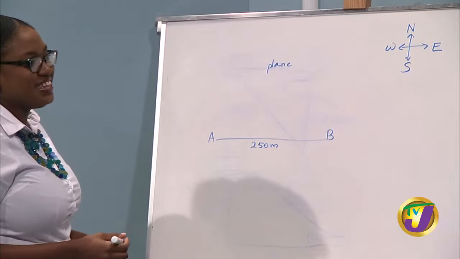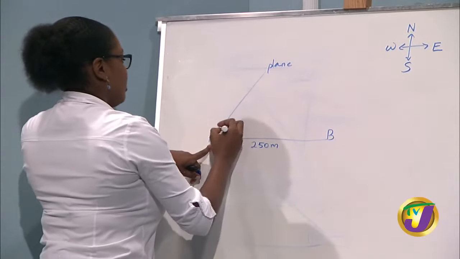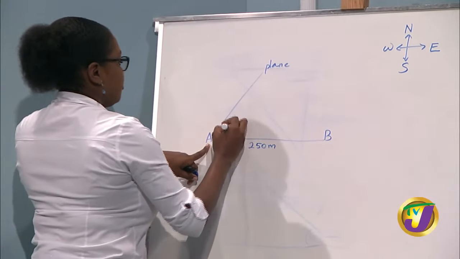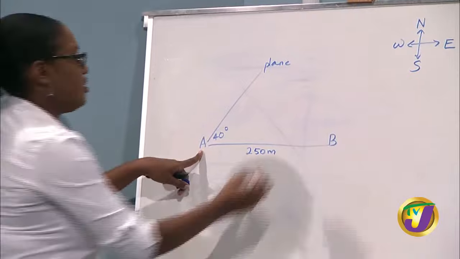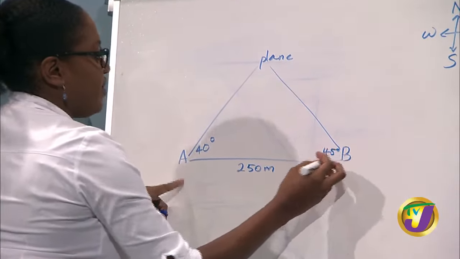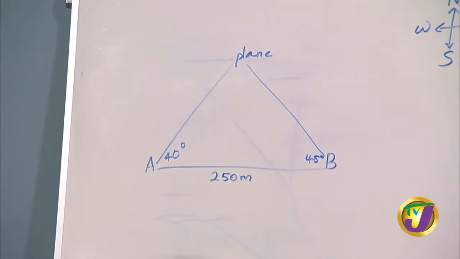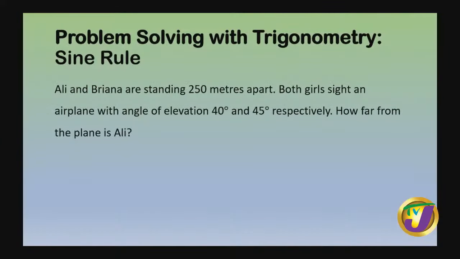So one 40 degrees and the other 45. So Ali is first. So this would be 40 degrees. And 45 for Brianna, looking up at the plane. This is going to be 45 degrees. And you're asking how far from the plane is Ali? So we want to find this distance. I'm going to call this one Y. I don't like using X all the time. No problem.